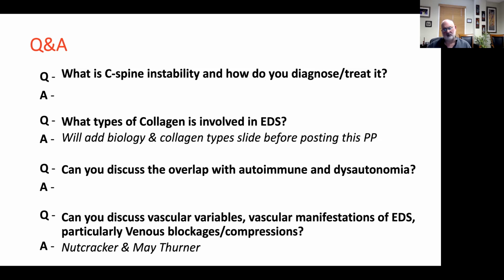And then we have Nutcracker Syndrome, which is usually more seen in the pediatric realm. Nutcracker Syndrome is where the renal vein is being compressed, and that causes hematuria. It causes you to have blood in your urine. But it also can cause high blood pressure. If you have a kid, a 15 or 18-year-old, who has high blood pressure and you can't figure out why, then you also have to think of Nutcracker Syndrome.